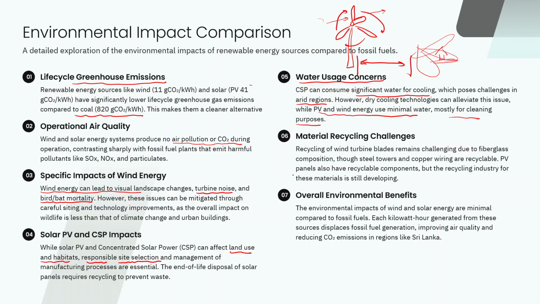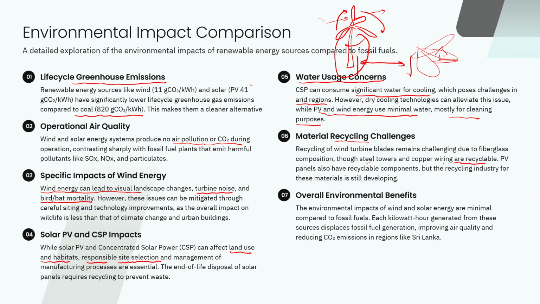And when it comes to how we can recycle, because we are talking about that, recycling the wind turbine blades remains a challenge due to the fiberglass composition of these wind turbines. But the steel towers and the copper wiring are easily recycled, right?